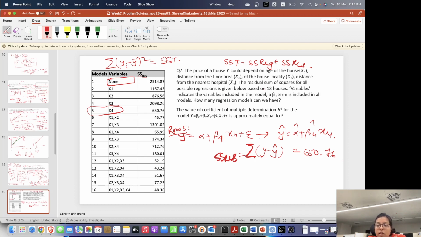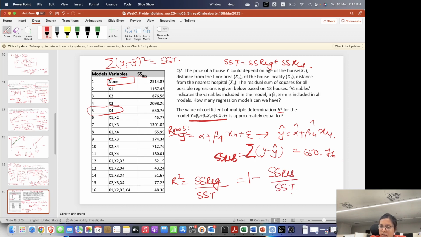Then the question is: the value of the coefficient of multiple determination r square for this model is approximately equal to how much? So, we know r square is sum of squares due to regression by total sum of squares. This we can write as 1 minus SS residuals by SS total.